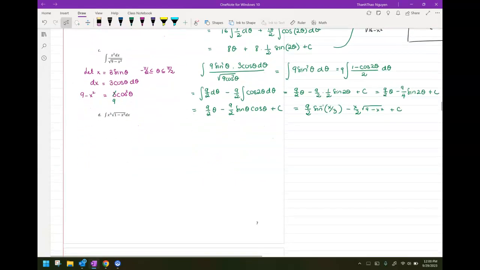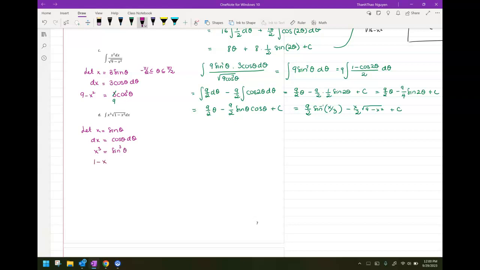In the next problem, you can solve this using u substitution by letting u equal 1 minus x squared, and you can solve this integral that way. However, I will not go over it in that sense. I will use trig substitution in this problem. I will let x equal sine theta. So then dx equals cosine theta d theta. x cubed equals sine cubed theta.